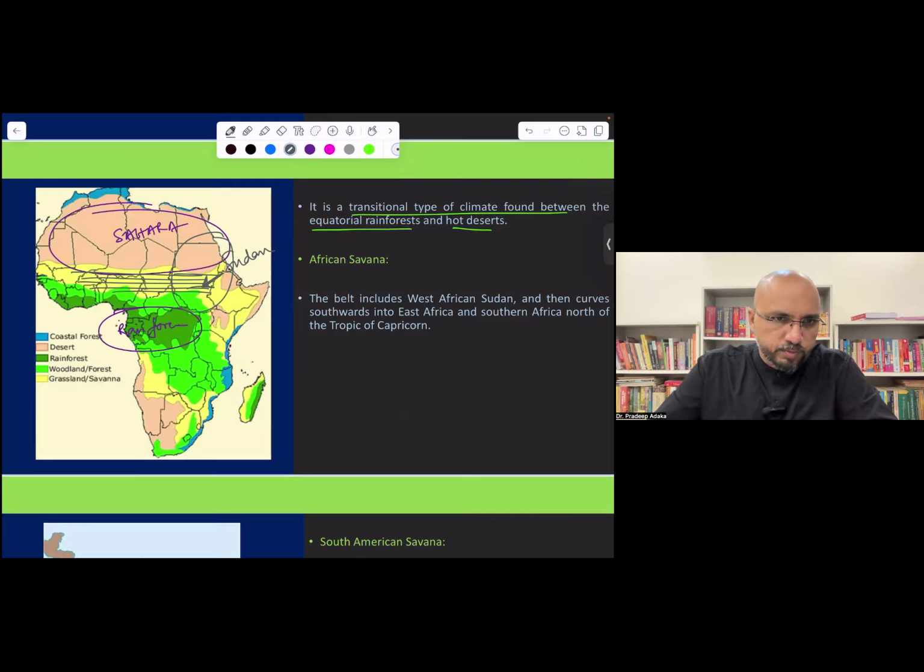Now it is broken into two parts, Sudan and South Sudan, but Sudan type of climate, because this is present between the tropical desert and tropical rainforest.